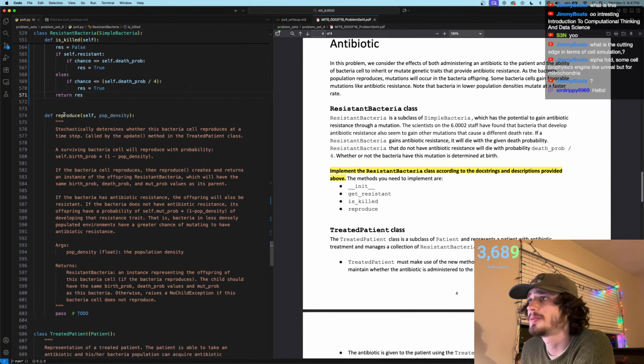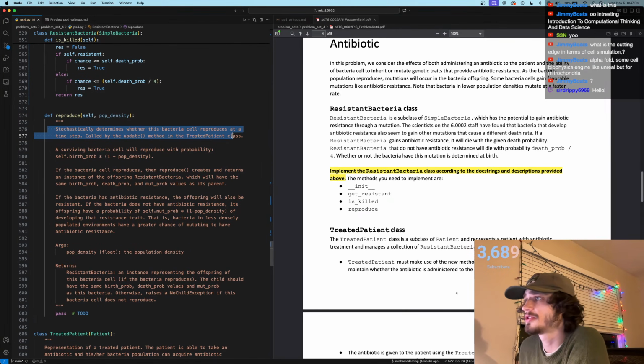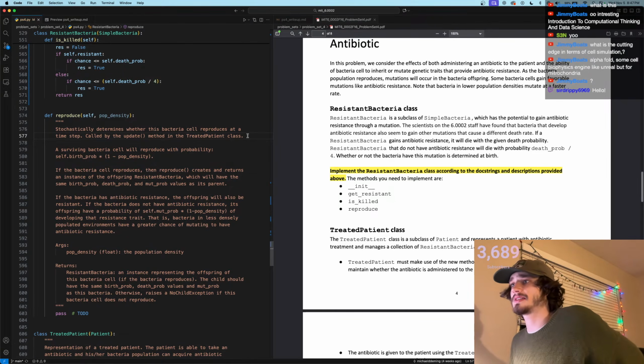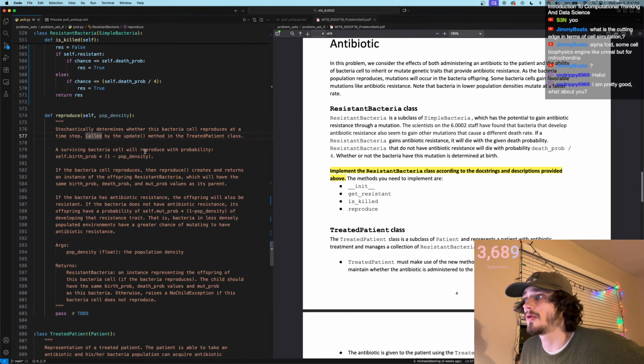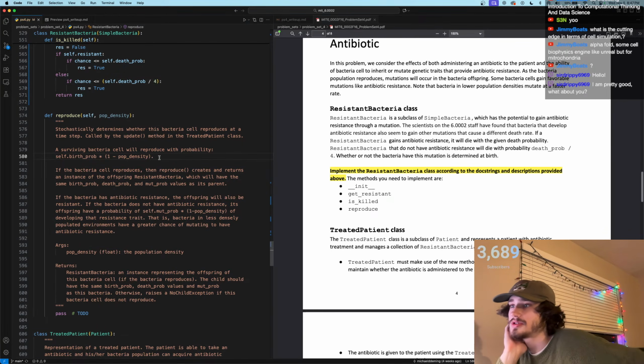Okay, cool. So reproduce. Stochastically determine whether this bacteria cell reproduces at the time step, called by the update method in the treated patient class. A surviving bacteria cell will reproduce with probability of the birth probability times 1 minus the population density. If the bacteria cell reproduces, then reproduce creates and returns an instance of the offspring resistance bacteria and will have the same birth, death probability, mutation probability values as its parent.